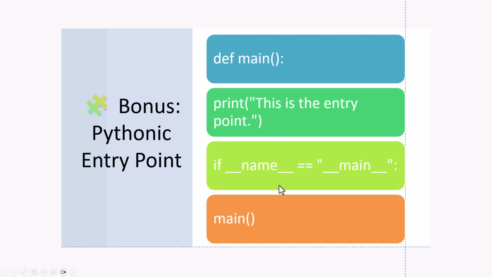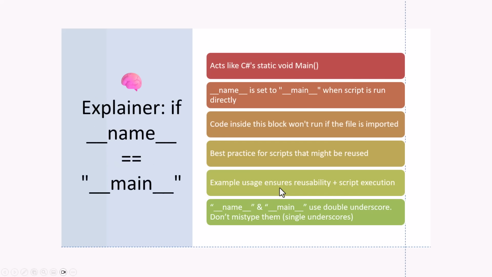This is already explained. Now here is an explainer: acts like C# static void Main. And this is, double underscore name double underscore is set to double underscore main double underscore when the script is run directly. Code inside this block won't run if the file is imported. If it is imported, like in app.py, you are importing the utils, this block will not be run.